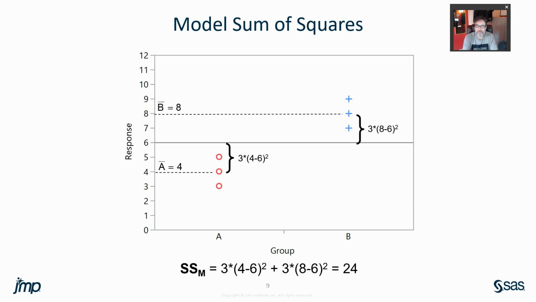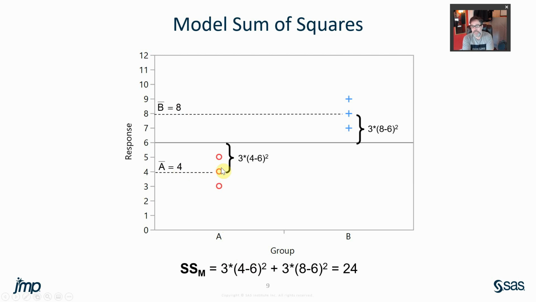And then what we've got here, the model sums of squares. That actually indicates the variance between the groups. The reason is because you can see here the model, which is effectively the group mean is 4 and the group mean is 8 there.